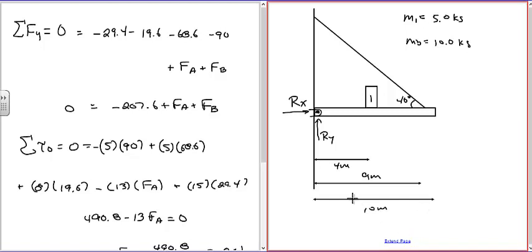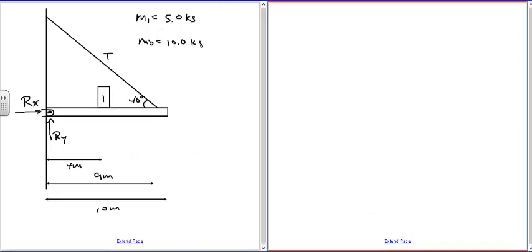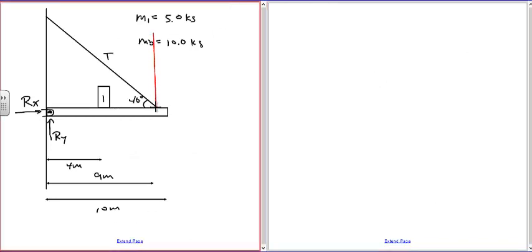Okay, so I've got everything specified that I need to. And the question is, what's the tension in the cable, and what are the X and Y reaction forces? Now, if I had just taken a wire straight up, then I wouldn't need this R sub X, because the only forces I'd have would be going down, the weight of the beam would be going down, this would be pulling up, so everything's in the Y direction and you wouldn't need that.